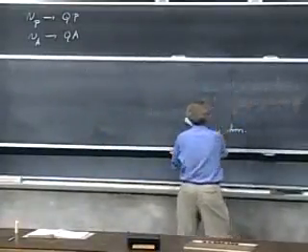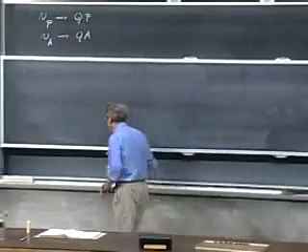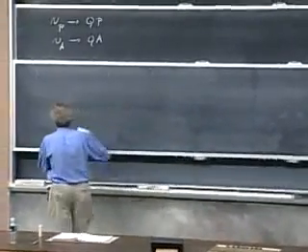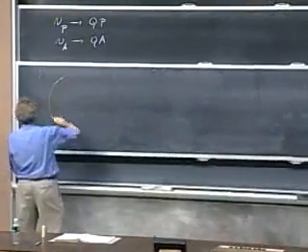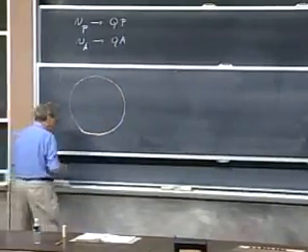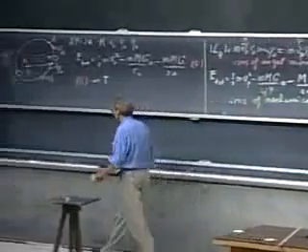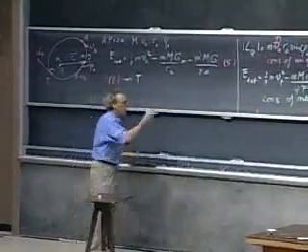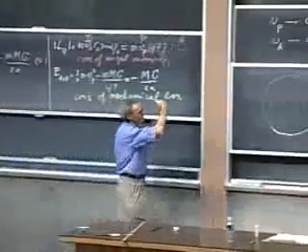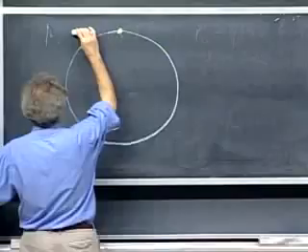I start off with a circular orbit, and I will fire the rocket in such a way that my velocity will either increase exactly tangentially to the orbit, so that it will increase in this direction, or that it will decrease in this direction.